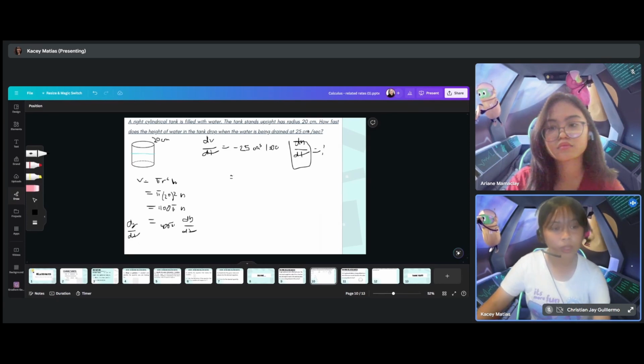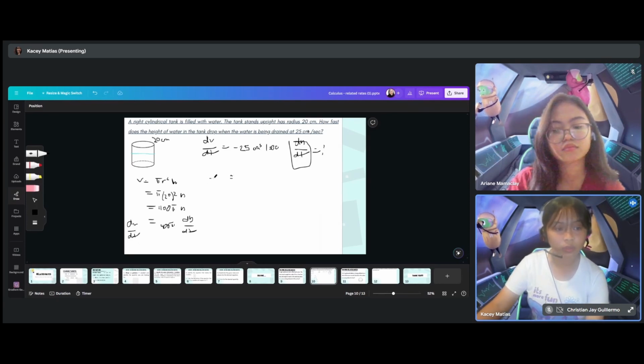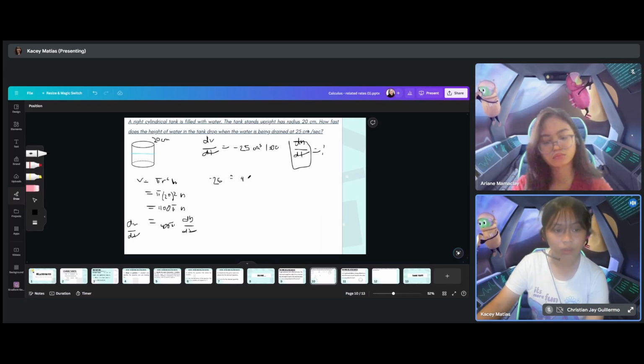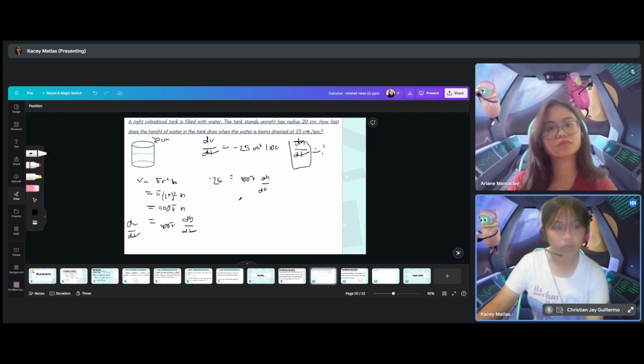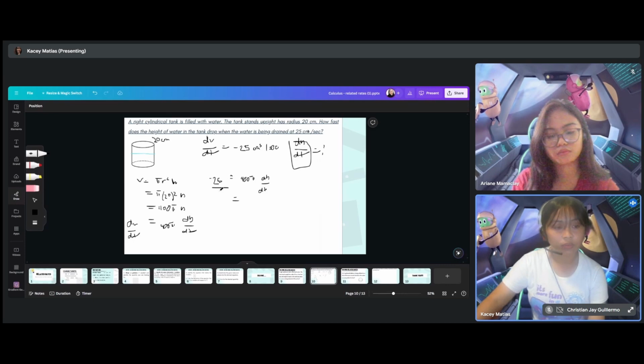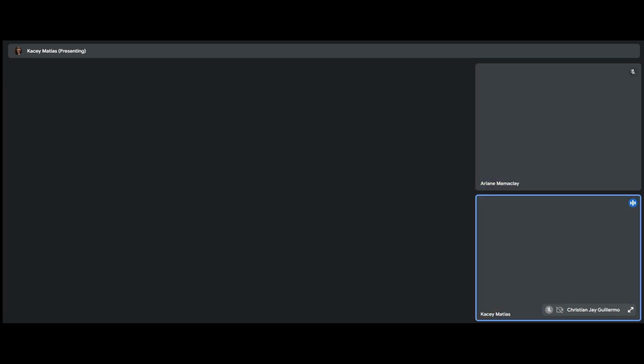So, si dV, papalitan natin siya ng given niya, which is negative 25. Then, si 400 pi, bring down lang natin, tapos si dH over dt. So, para ma-cancel si 400 pi, kailangan natin i-divide si negative 25 over 400 pi.